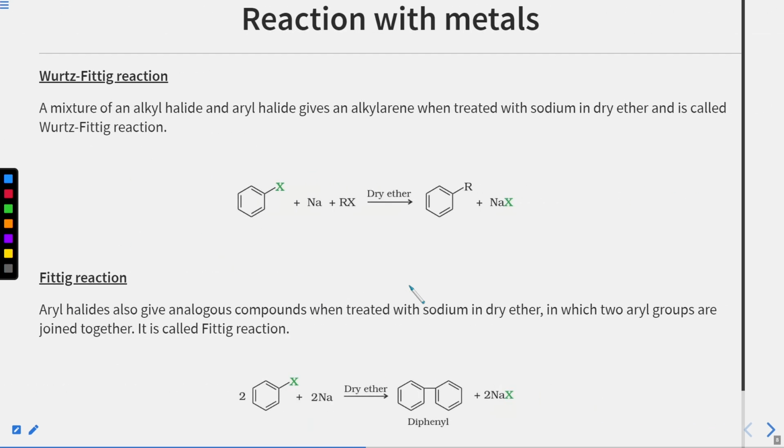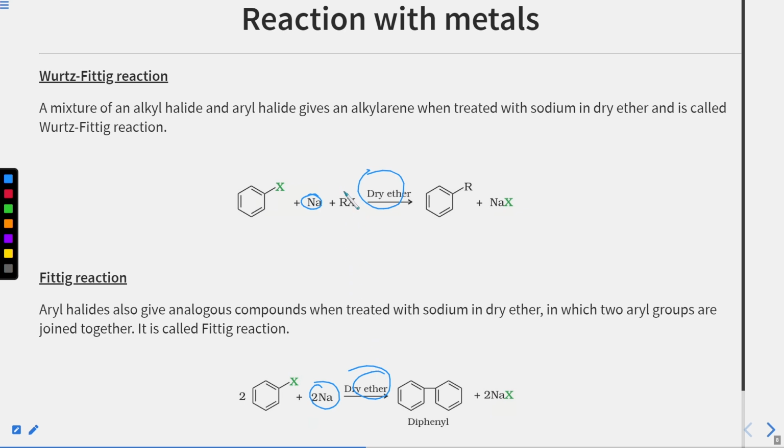Both of these reactions I have mentioned earlier also, but now just for comparison so that you can remember the names accordingly. The Wurtz-Fittig reaction and the Fittig reaction both have the same reagent, that is Na and dry ether. Now what is the difference in both of these reactions?